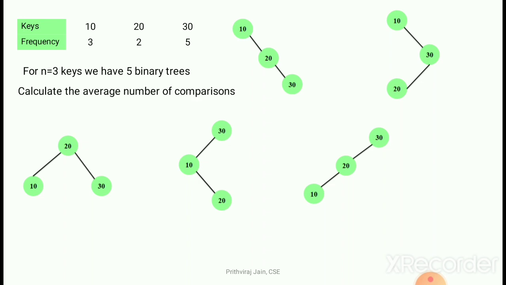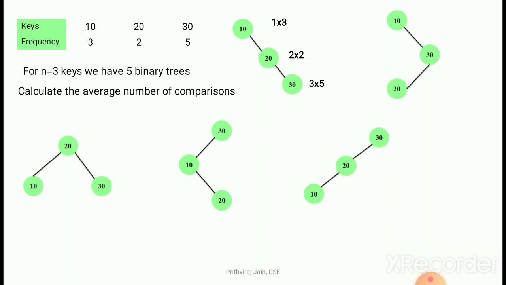Now let us calculate the average number of comparisons that will be taken by each binary search tree. For the first tree, let us take the levels. The node 10 is at the first level, and the frequency for key 10 is 3, so that is 1 into 3. In the second level we have key 20, whose frequency is 2, so 2 into 2.